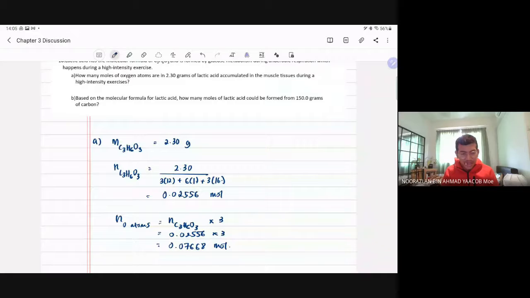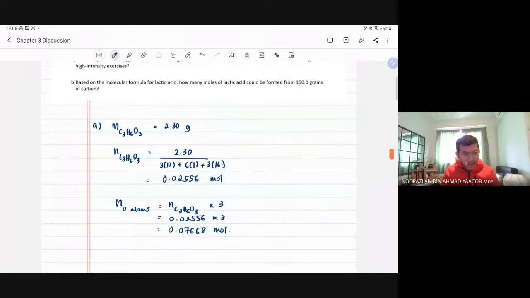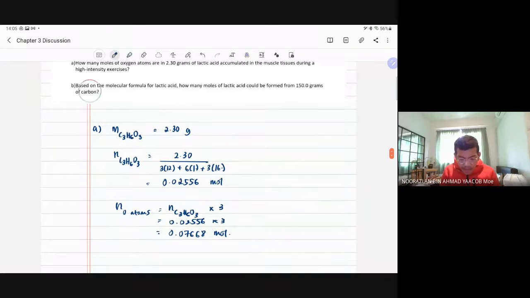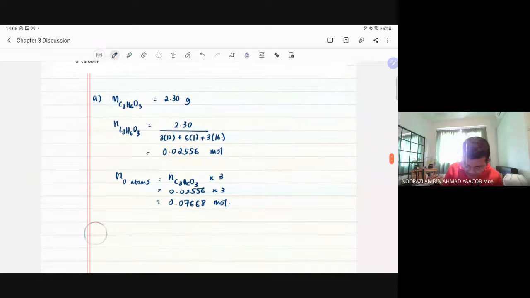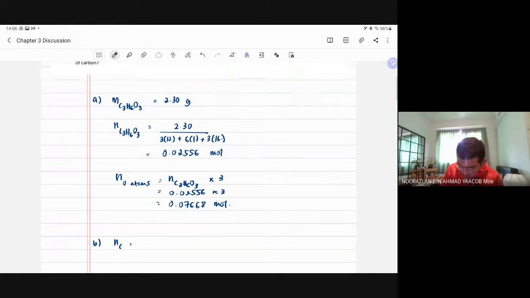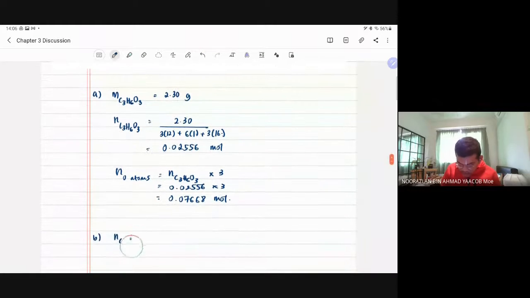Okay. And then for the next question, part B, based on the molecular formula of lactic acid, how many moles of lactic acid could be formed from 150 grams of carbon? Okay. So sekarang kalau kita ada 150 gram, okay, so number of mole of carbon is equals to 150 gram.